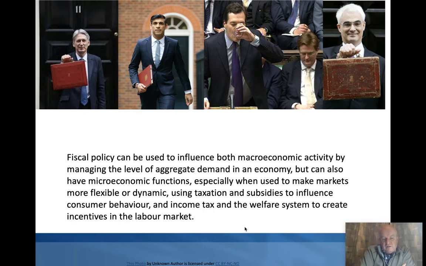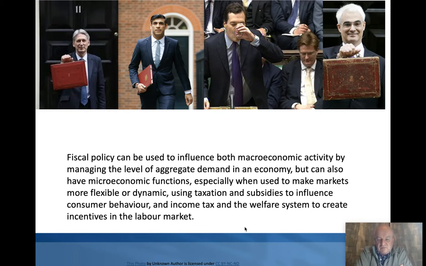So in terms of what the government is doing in this instance, what fiscal policy attempts to do is to influence macroeconomic activity by changing levels of aggregate demand in an economy, but also, in some cases, it will have microeconomic functions. Okay, something that's not often talked about, but actually they can be used.